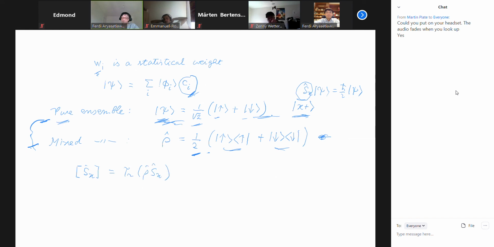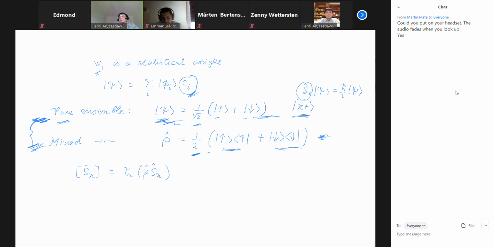Then it's kind of obvious here, because each of these will give us 50-50% of Sx. So we will find that half of the particles will be in the spin up and the other half will be in the spin down when we make a measurement along the x direction. So we get different results between these two ensembles.